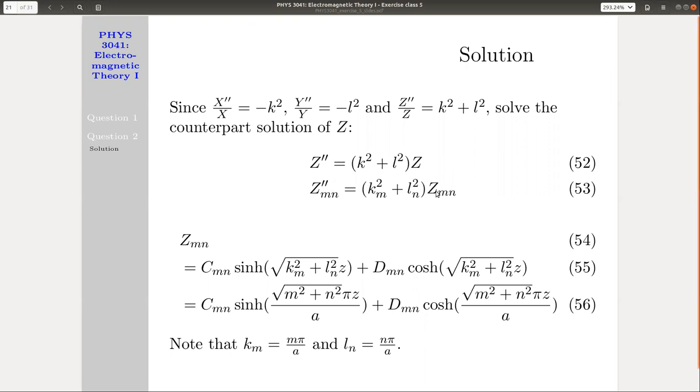The general solution of this differential equation would be some hyperbolic sines and cosines, which is simply equation 55 here. Then we can substitute the k_m and l_n that we have solved in the previous slides, so the z_mn will simply take this form.